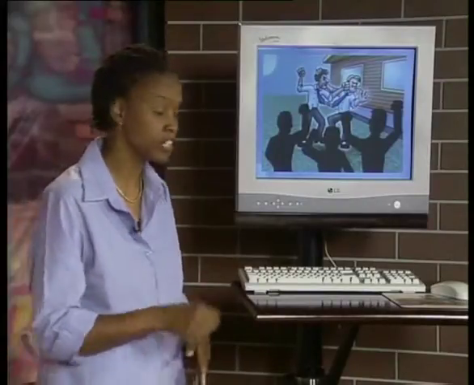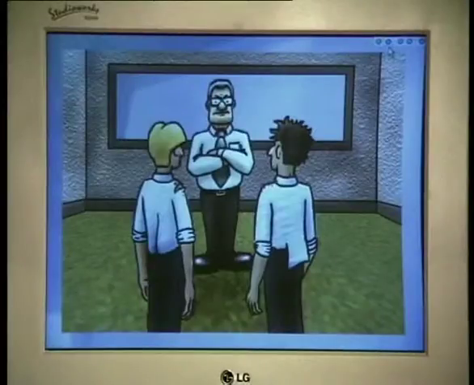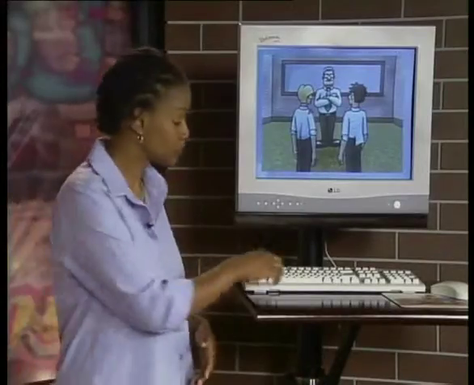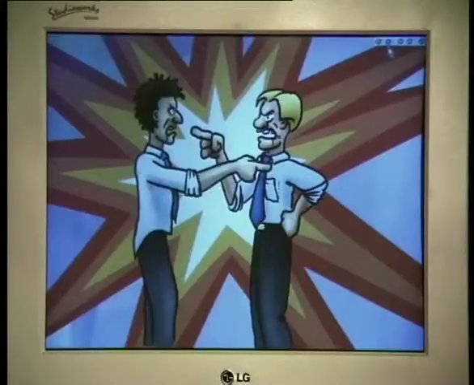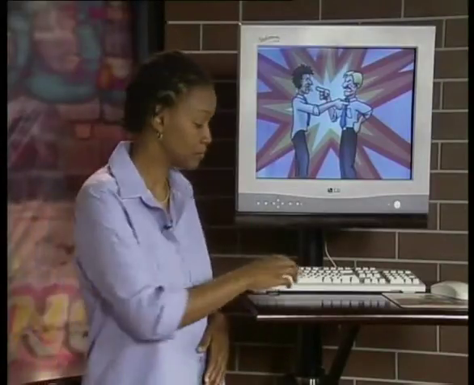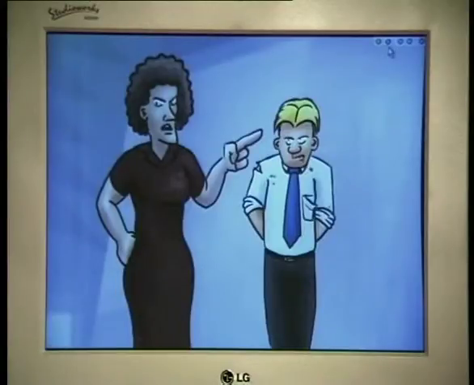If the principal had to ask the two people involved in the fight what had happened, he would probably get two very different accounts. Each one would try to make out that the fight was caused by the other. A teacher who witnessed the fight would have yet another version, but her version would probably be closer to the truth, since she would have no interest in distorting the truth.